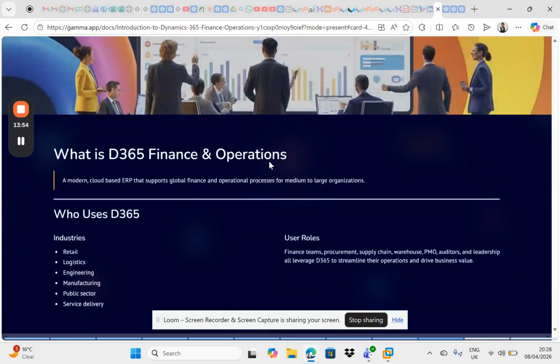Moving ahead, let's understand what Dynamics 365 is. Like I earlier mentioned, it is a modern cloud-based system that supports global finance and operations processes for medium to large organizations. What does this mean?